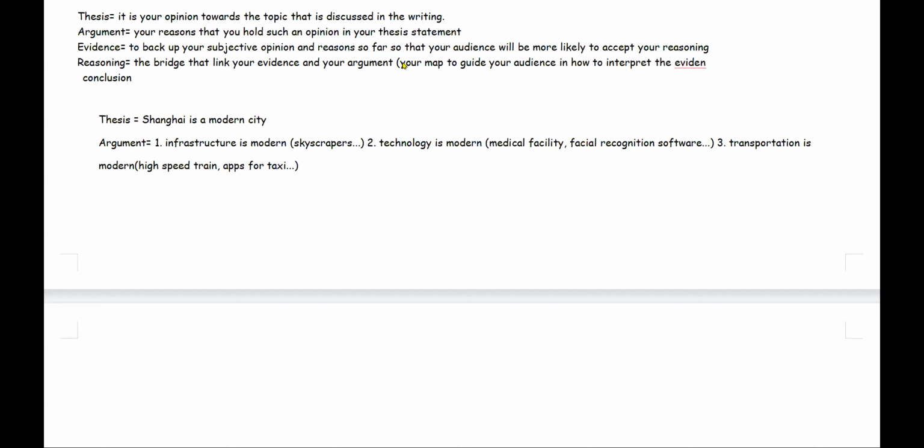With this reasoning statement, it doesn't matter who your reader is. They can only interpret this particular evidence in the way you designed it. So you're like a tour guide.